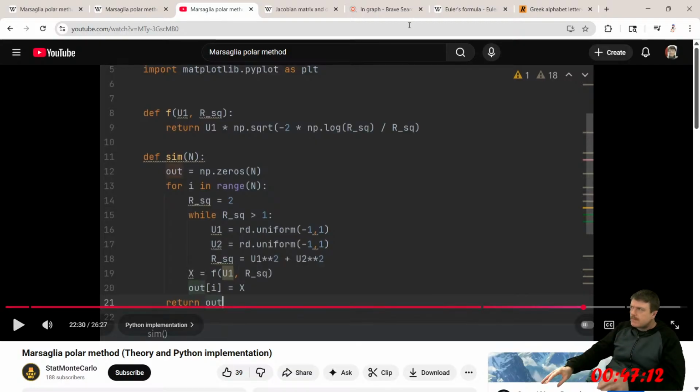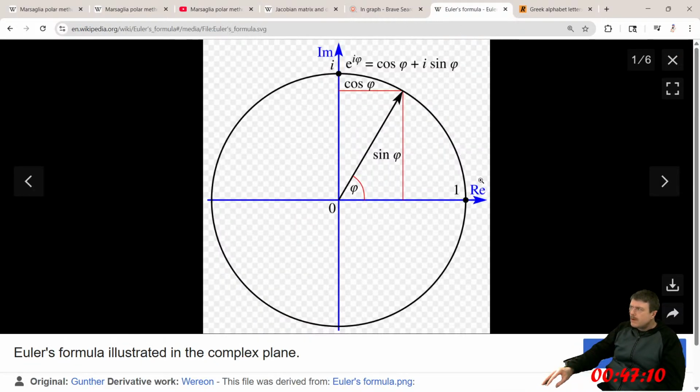This is your real component. Are they calculating like you give me a real component and then they give you the imaginary component?